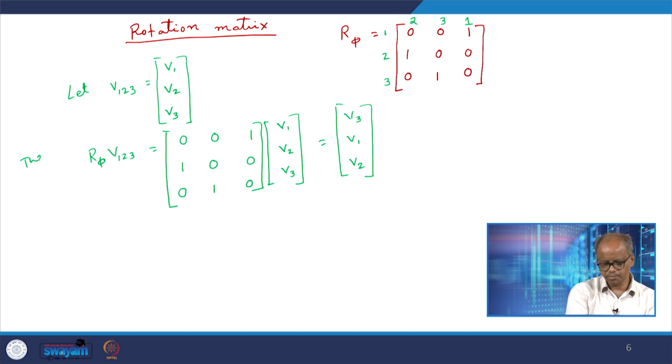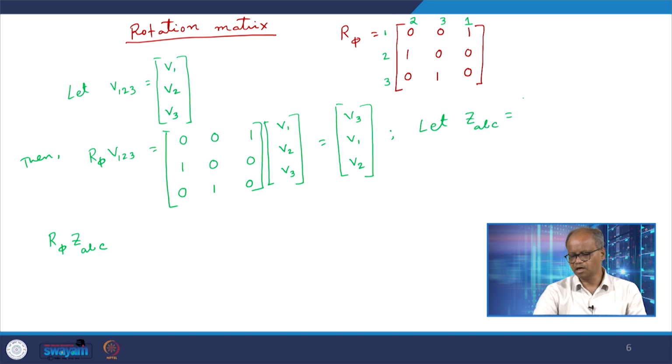Let us see what happens if I do this operation R phi into Z abc. Let Z abc be given by some impedance matrix: Z aa, Z ab, Z ac; then Z ba, Z bb, Z bc; Z ca, Z cb, Z cc.